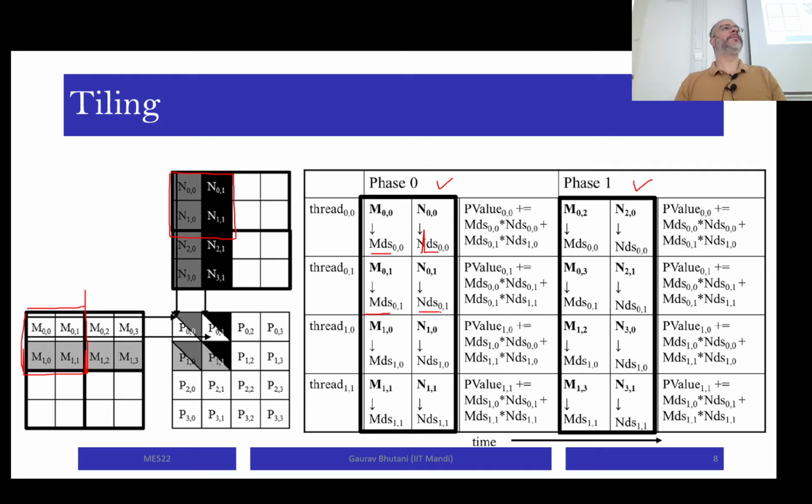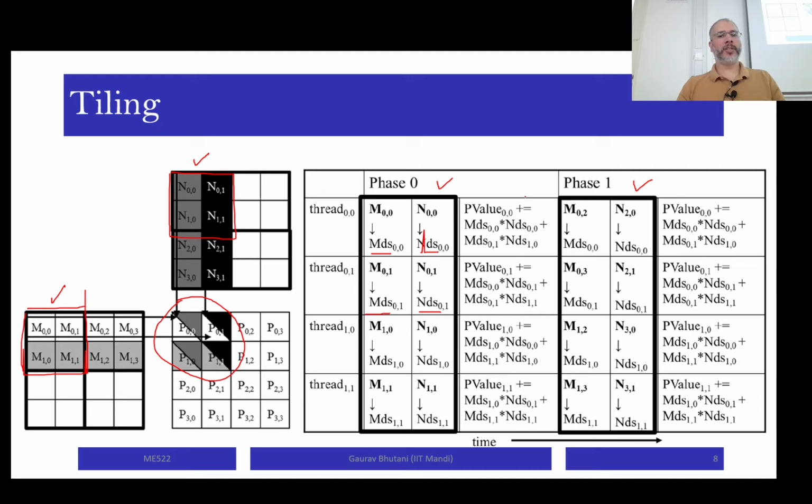Is this clear? This is where all the threads do the copying. After copying is done, these two tiles which I have highlighted with the red box are now available on the device's shared memory. So the block which is handling these four elements in the tile of P has access to these two tiles for M and N on its shared memory.